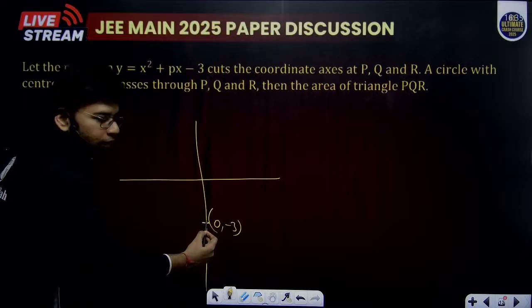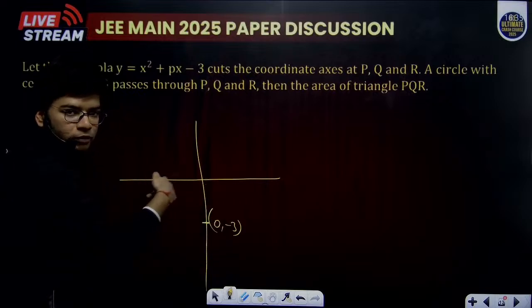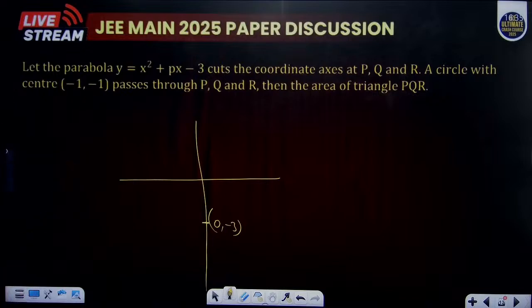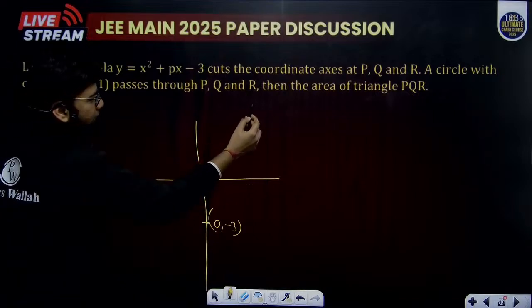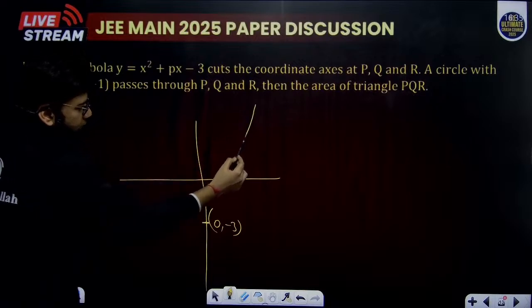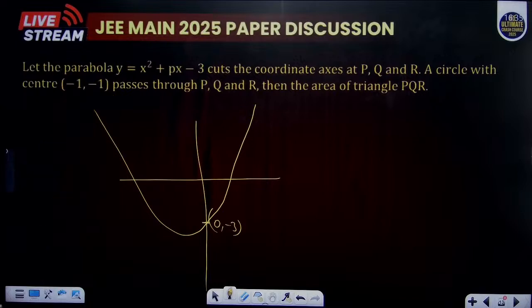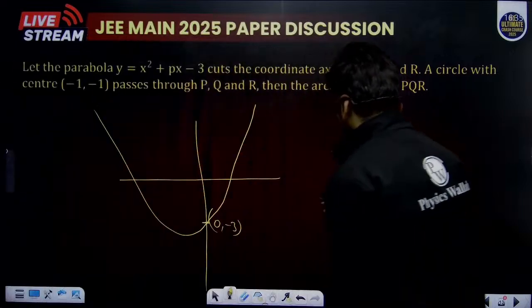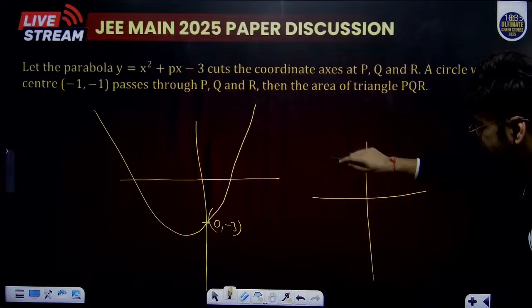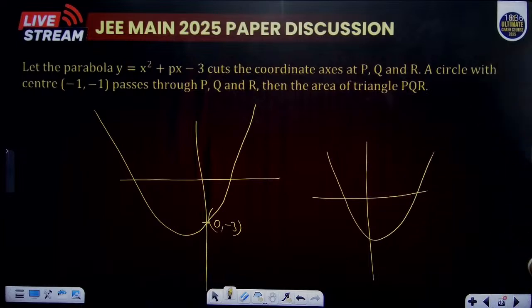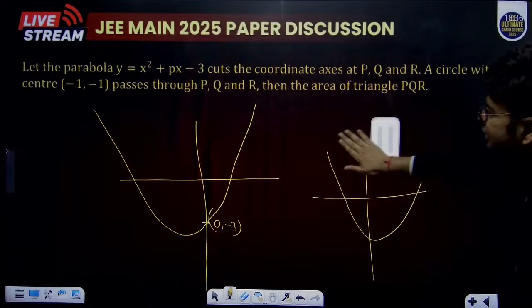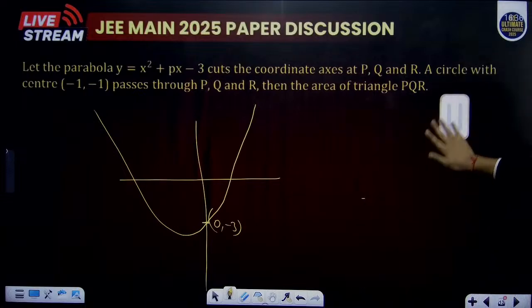The other two points will definitely be the two roots of this particular quadratic equation. If I put y as 0, whatever roots I am getting, that should give me these two points. So that means my graph will look something like this, either this or maybe like this. We don't know. But as of now, let's assume that the graph looks like this.